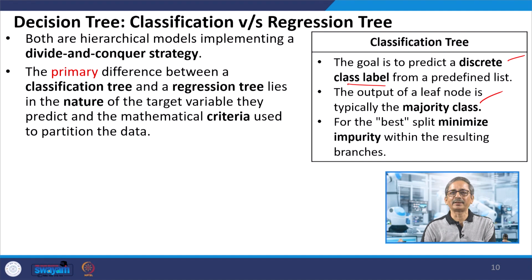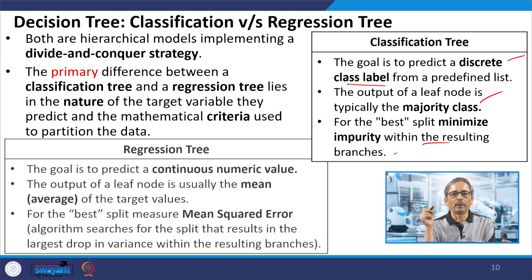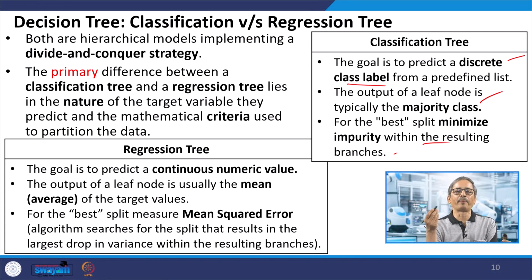For the best split, minimum impurity within the resulting branches is what we look for. In the case of a regression tree, the goal is to predict continuous numeric values, and the output of a leaf node is usually the mean, or average, of the target values. For the best split measure, we look for the mean square error. If that is minimal, then we have the best split.